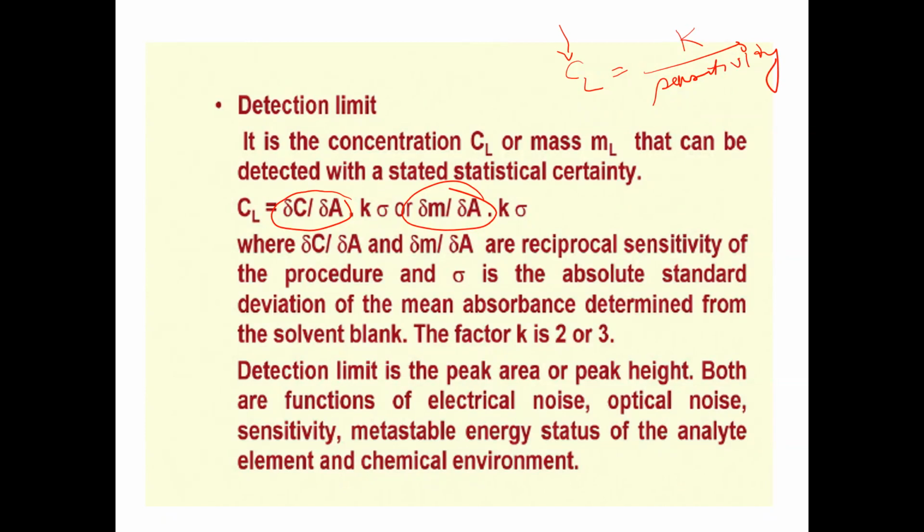This is the first thing. Second thing, you can observe the detection limit only on the basis of peak area, or peak height. Both criteria are suitable for defining the detection limit, but both are functions of electrical noise, optical noise, sensitivity, the metastable energy status of the analyte and chemical environment.